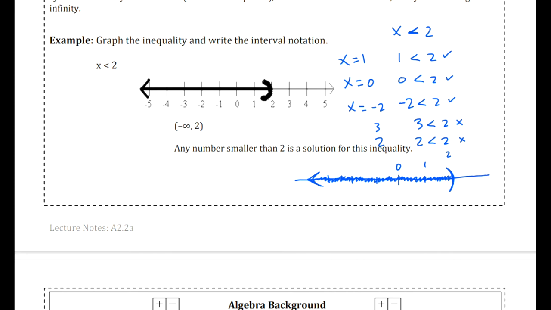Like that. So we have a nice graph there. And to put that in interval notation, with interval notation we have two numbers, the left endpoint, the right endpoint. So the right endpoint is 2 with a parenthesis because we're excluding the 2. Since this is going all the way down to -infinity, we'll have a -infinity in there, and we always put a parenthesis around infinity like that.